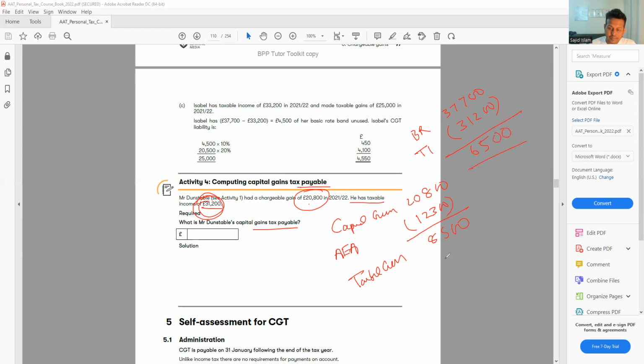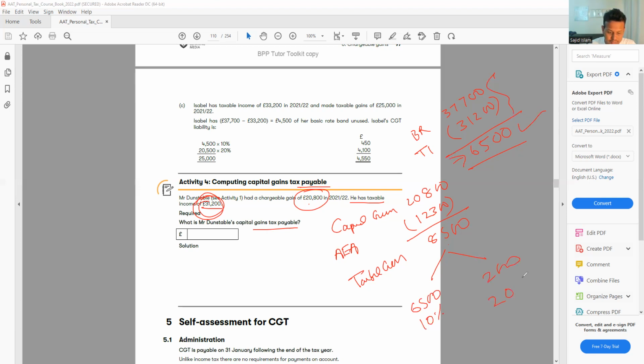So that means from 8,500, the taxable gain he has, he needs to pay the tax on 8,500. So on 8,500, the first 6,500 he can pay 10% because the basic band is still remaining by 6,500, since this is the difference between the basic band and the taxable income he has. And the other one, the difference between these two, that is 2,000.